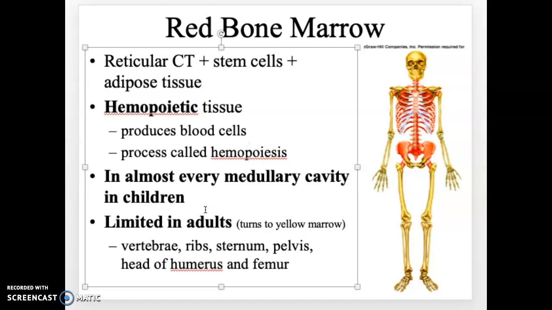This you find in almost every bone in kids, but in adults we don't need to be producing as many red blood cells, so we just have it in more of the axial skeleton, the core here. So you can find it lots in the hips, some in the sternum, ribs, and the vertebrae. Individuals that need a bone marrow biopsy will usually have it done here in the ilium of the hip.